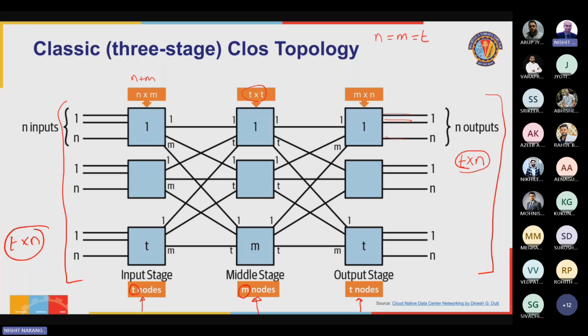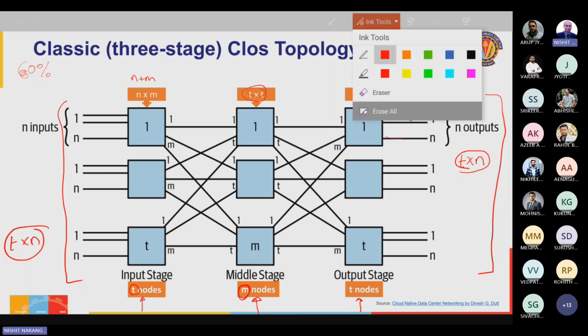I can choose the values of T, N, and M in a manner such that I can cater to the utilization that I expect in the network. So let's say I believe that never more than 60% of my users are simultaneously active. That's the upper limit. I can choose T, N, and M in such a fashion that even when 60% of the people are simultaneously trying to make a call, there is always a path through the network. So I can tailor T, N, and M accordingly.